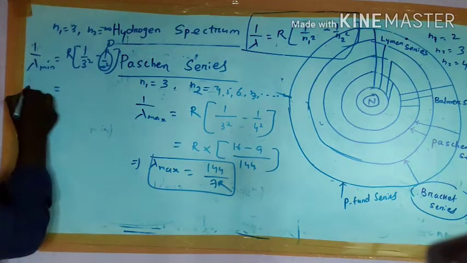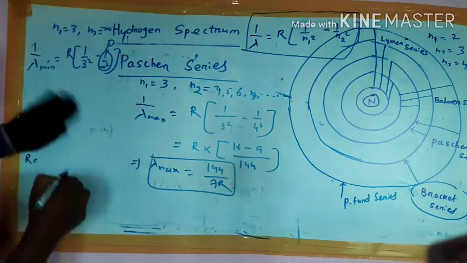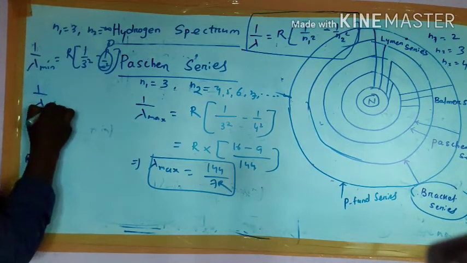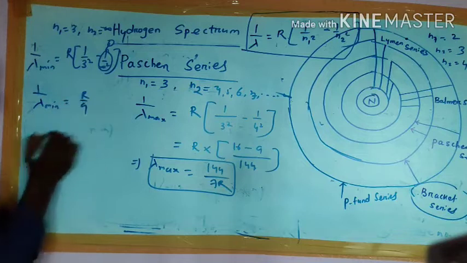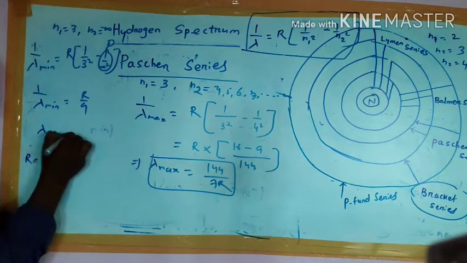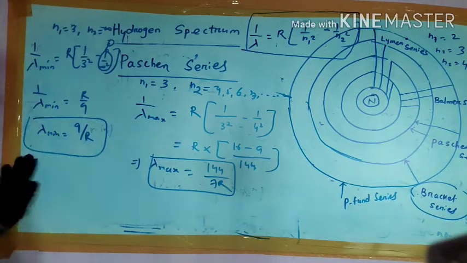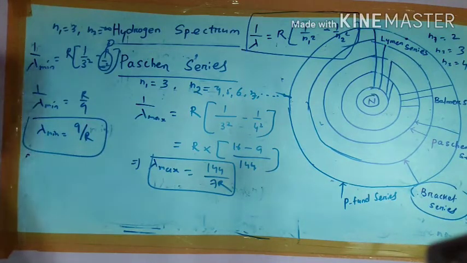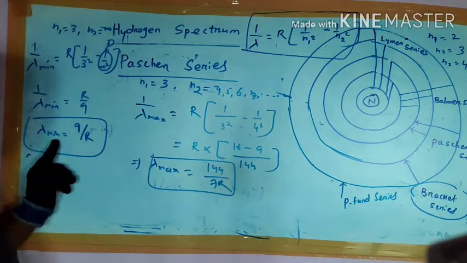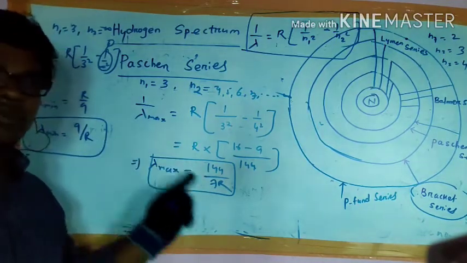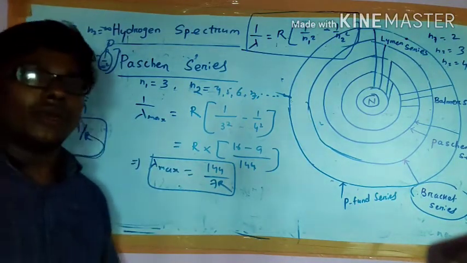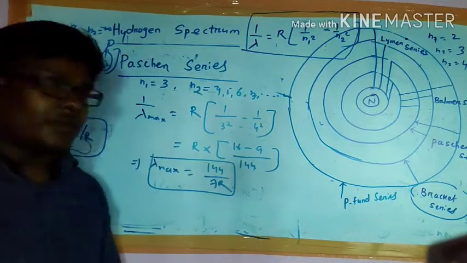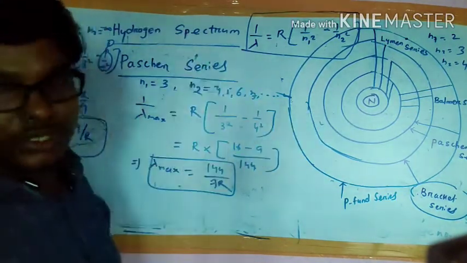So 1 by lambda minimum is equal to R by 9. So lambda minimum is equal to 9 by R. So this is your minimum wavelength, 9 by R. Within these two ranges of wavelength, all kinds of emission take place in the Paschen series.